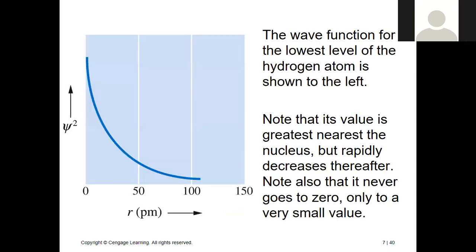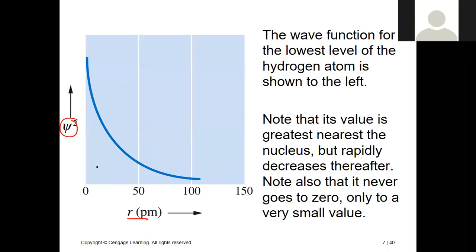If you look at this psi squared with the wave function, as the distance increases, the probability of finding the electron decreases. Its value is greatest near the nucleus, but it rapidly decreases afterward.